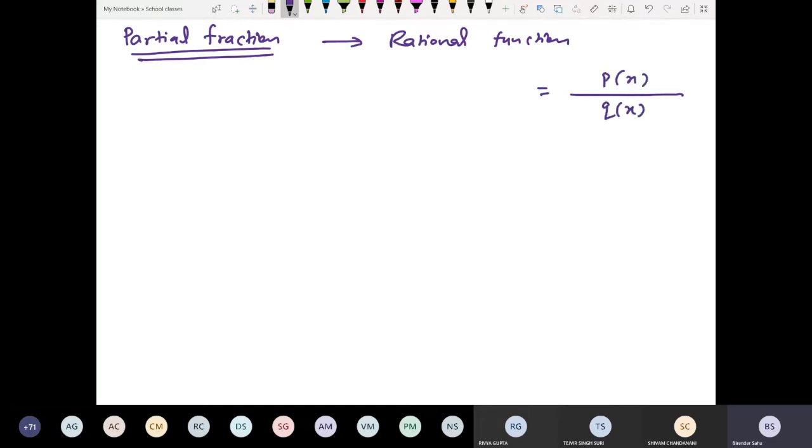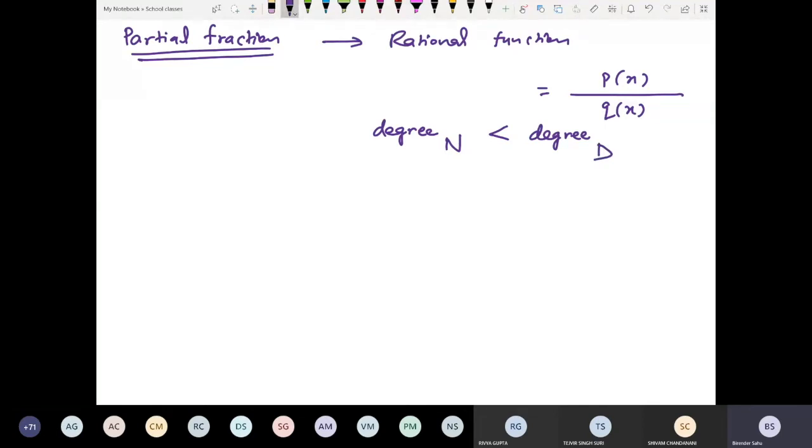But before applying partial fraction, you need to check whether the degree of the numerator is less than that of the denominator. Degree of numerator must be less than that of denominator.